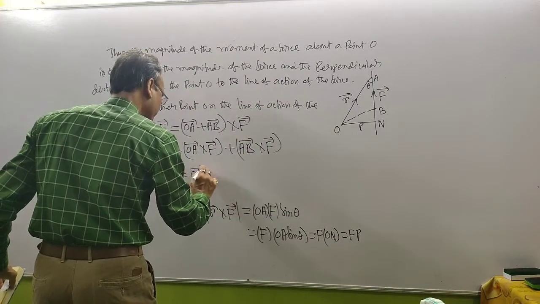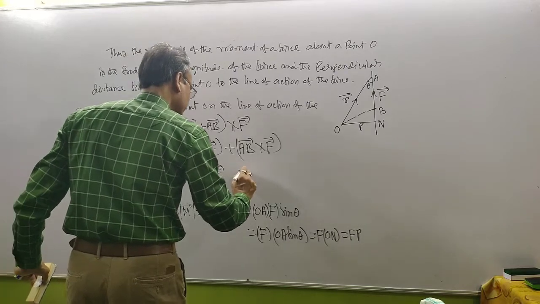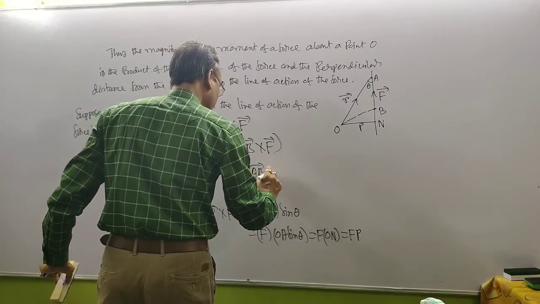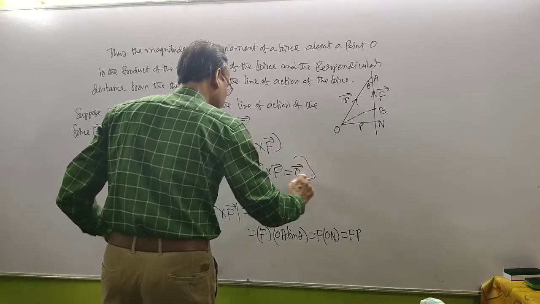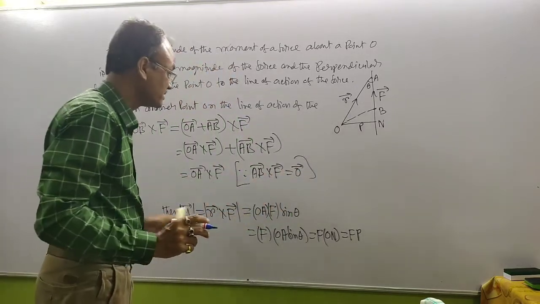So OA cross F vector remains. Since AB cross F is 0, you should write the vector sign, because the product of two vectors is a vector quantity.